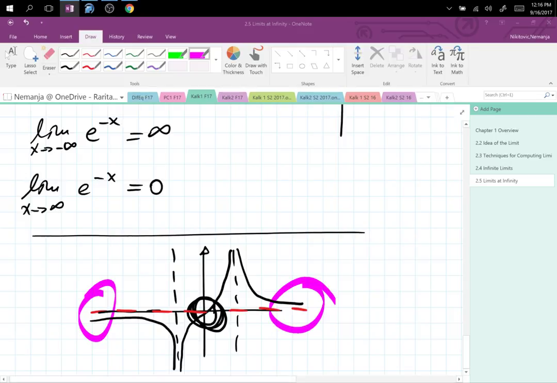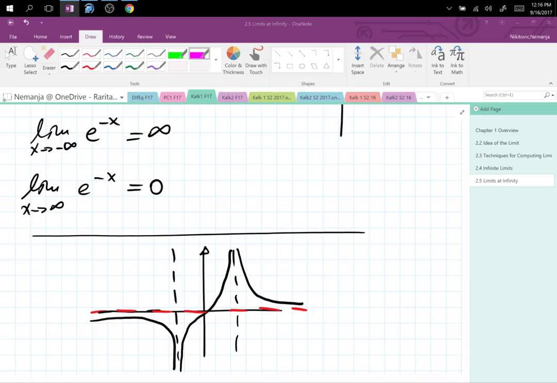So remember this concept, so you don't second guess yourself on the exam, saying, oh, I can't cross the asymptote. Vertical asymptote cannot be crossed, horizontal asymptote can, and slant asymptote can.